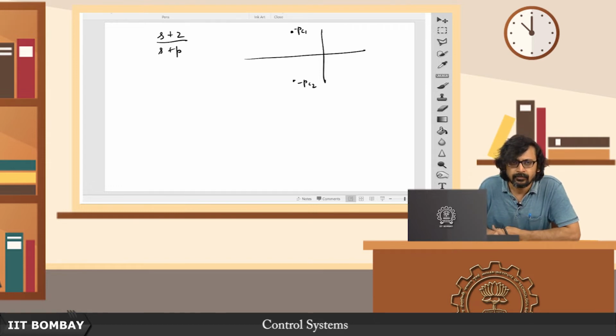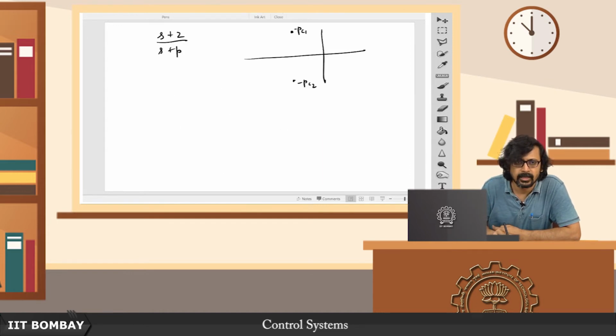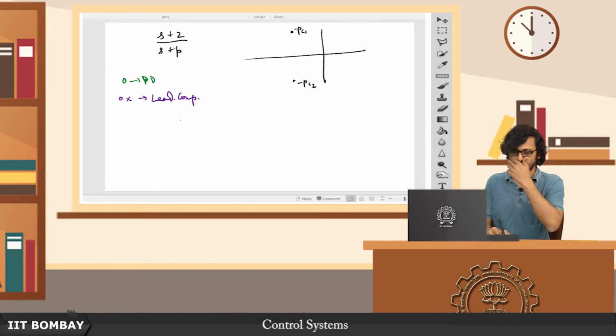So after all, let's mark the green fellow as the PD, and let's use the purple color for the pole and 0 of the lead compensator, which approximates this PD.